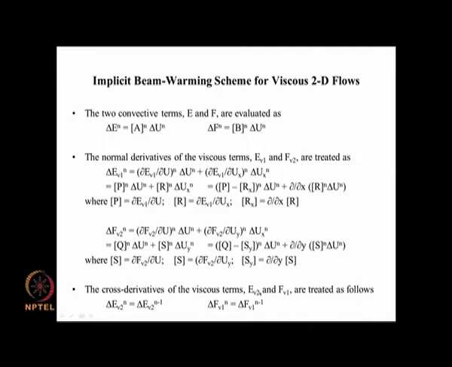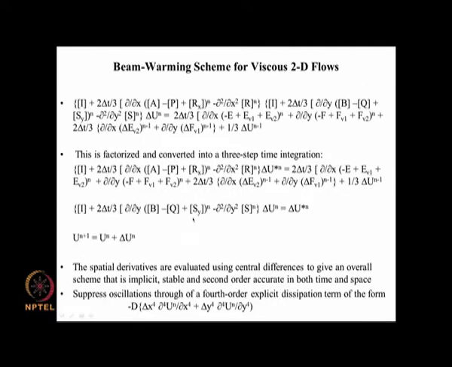Those will give us cross derivatives, and those cross derivatives are evaluated based on lagged coefficients like this. Once you substitute all these things, we get a jumbo expression, which is the Beam-Warming scheme for viscous 2D flows.